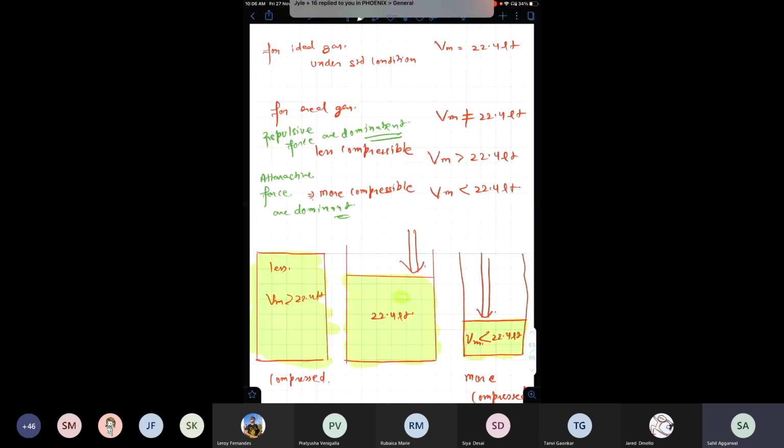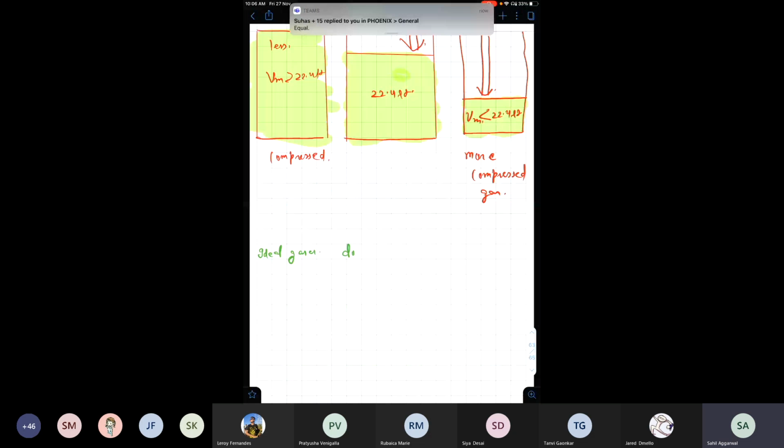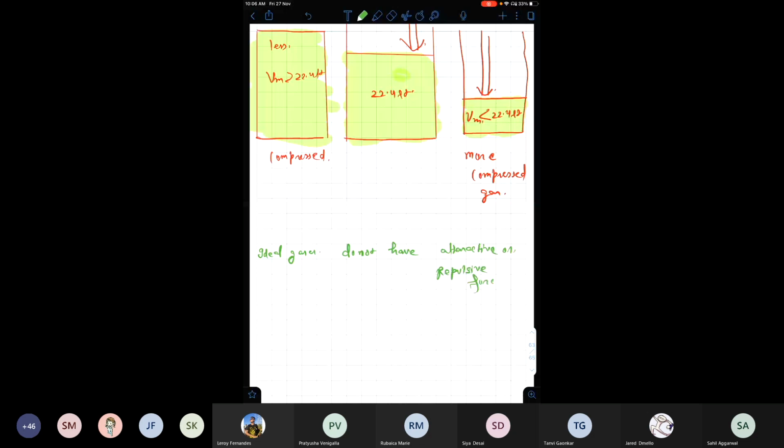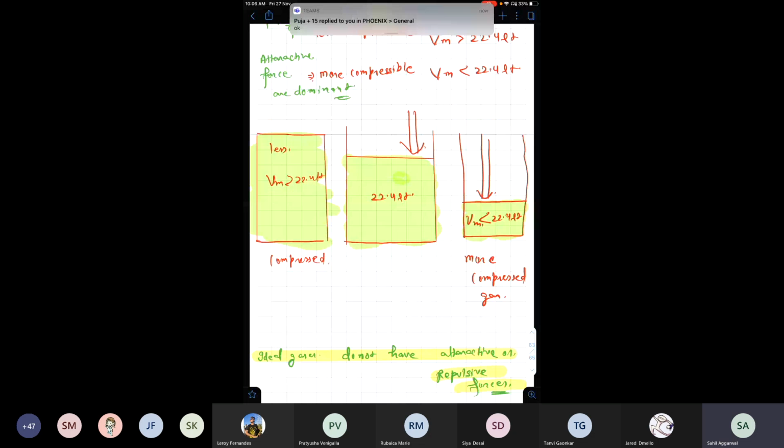Ideal gases do not have a force. ठीक है प्रत्युषा, सुहास, रुबेका? Understood.